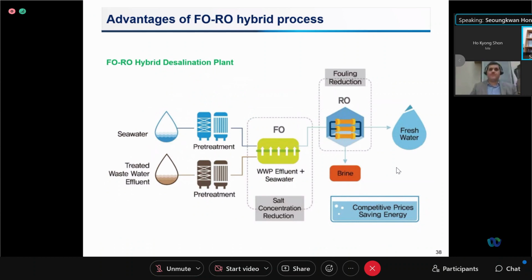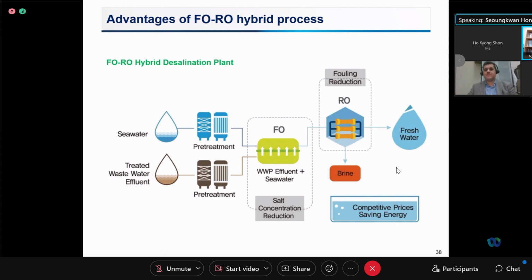The next slide shows the FO-RO hybrid process, in which seawater desalination is integrated with a wastewater reclamation facility through the FO process for low energy desalination. The first benefit of the FO-RO hybrid process is a reduction in the thermodynamic energy requirement by simple dilution of seawater with treated wastewater effluent.